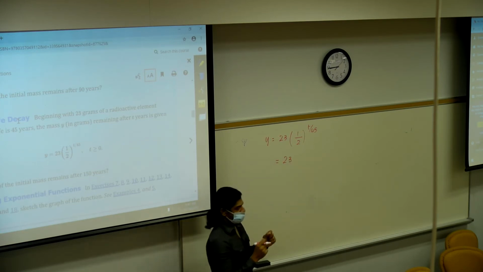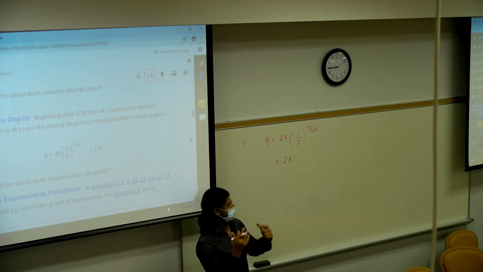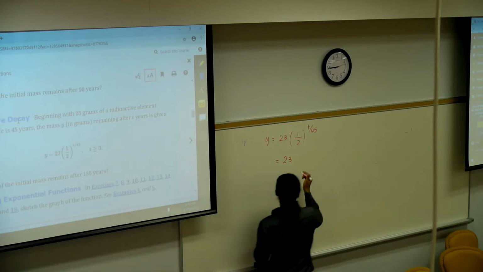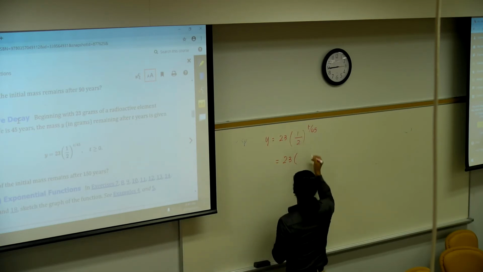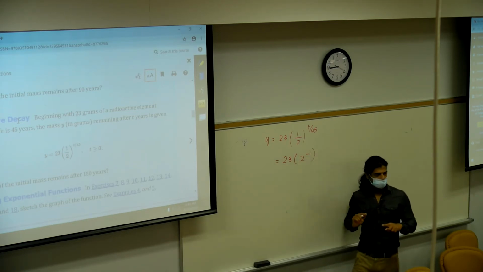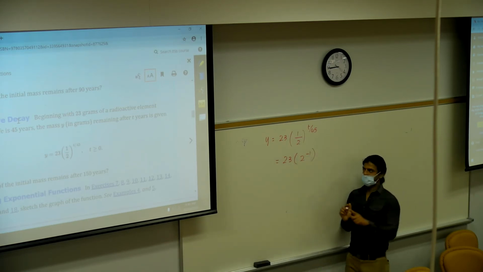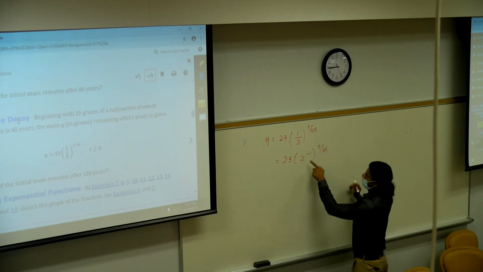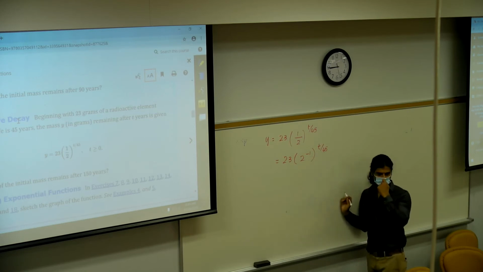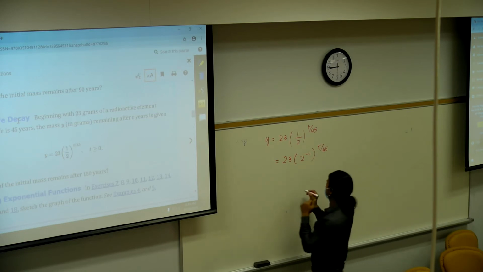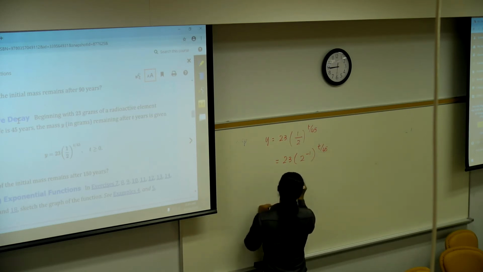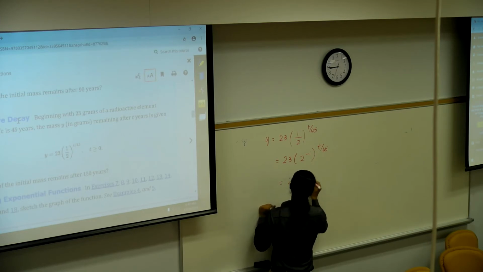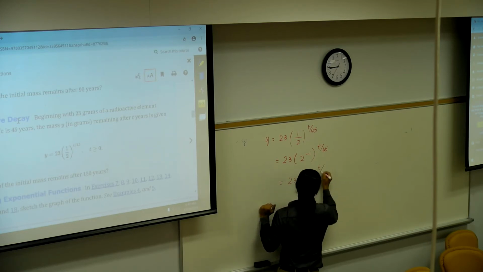Another way to recognize that a given exponential function is a decay is to move that 2 to the numerator, which would make it 2 raised negative 1, agreed? And I have t over 45. I could multiply those two exponents, so I would get 23 multiplied by 2 raised negative t over 45.